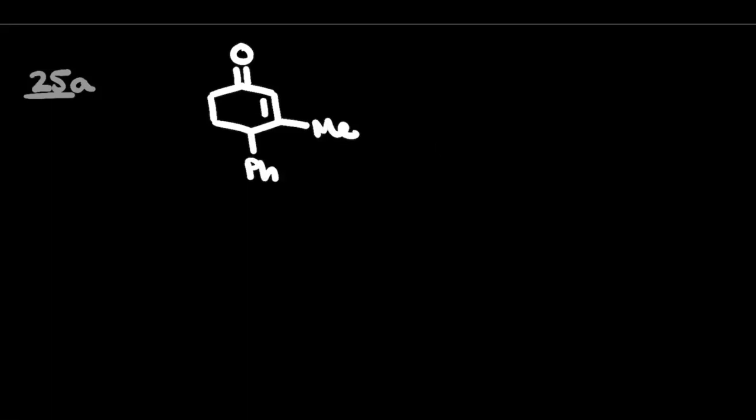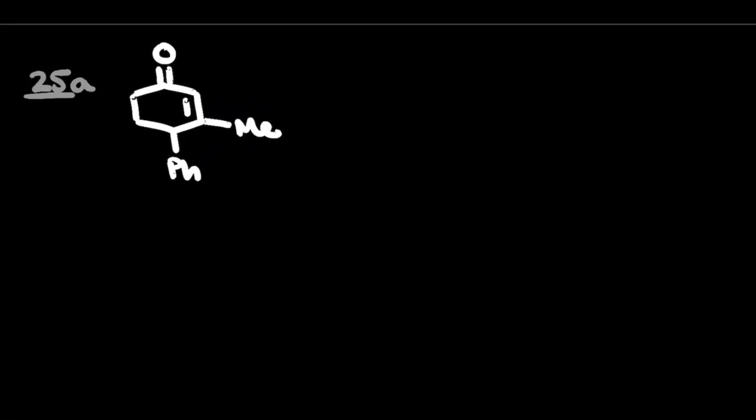And this is one of those retro Robinson annulation type problems. It's asking for the starting carbonyl compounds for the following Robinson annulation products. So remember that when you're doing a Robinson annulation, it boils down to your Michael followed by your aldol. So that means that the aldol was the last step. When you did the aldol reaction, the last thing you did was form that new bond between your alpha and beta carbons.